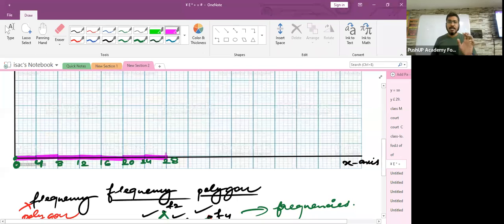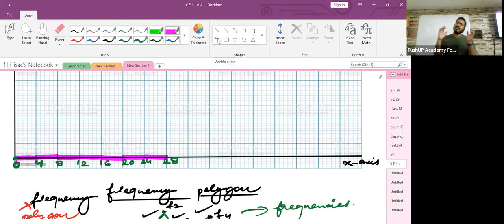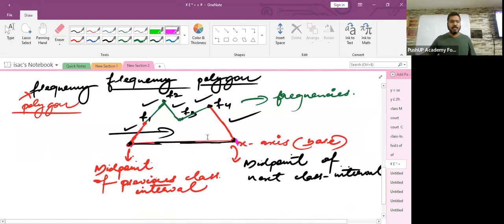All the class intervals are represented on the x-axis. And this is a general rule that you're going to follow throughout the graphs. Throughout this topic, you are going to follow this. On the x-axis, you will be representing the class intervals.